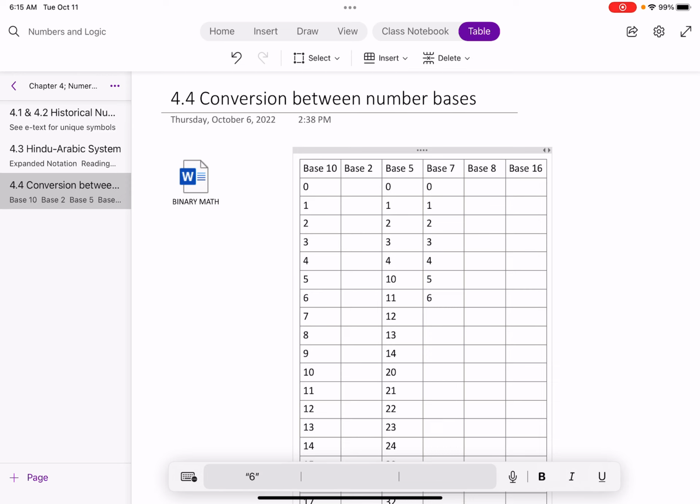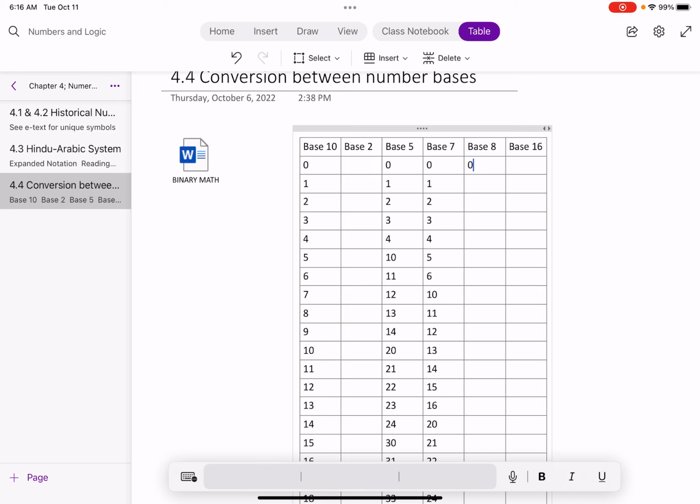Start over. 2, 0, 2, 1, 2, 2, 2, 3, 2, 4, 2, 5, 2, 6. And the next one will be 3, 0. Again, all divisible by 7.